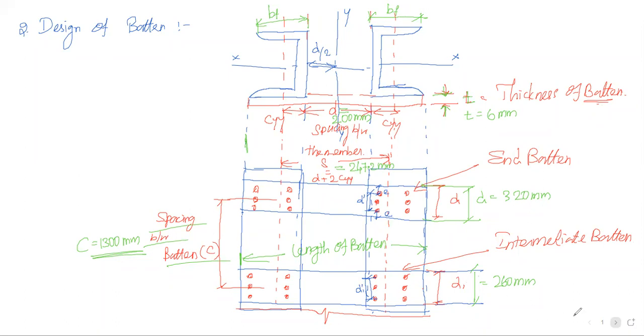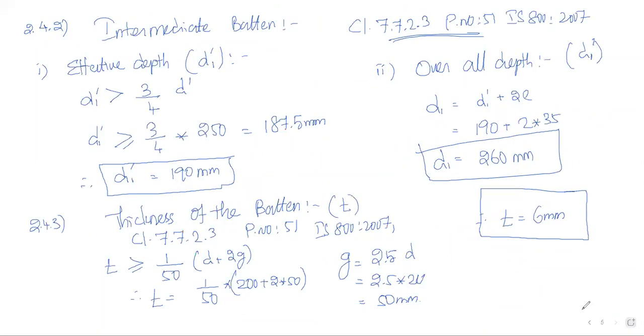Okay, so the length of the batten is L. L is equal to D plus 2 times the breadth of flange.